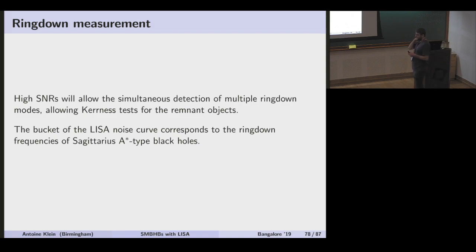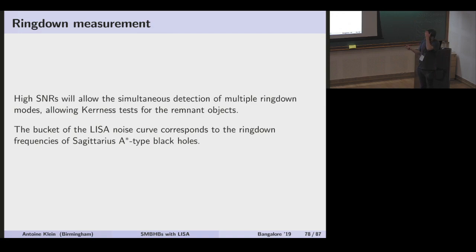And that's because the frequencies and the damping time for the ringdown depend on only two parameters: the mass and the spin of the black hole.